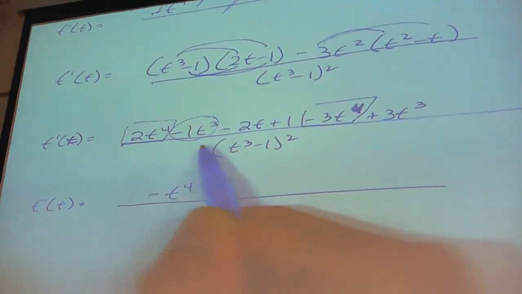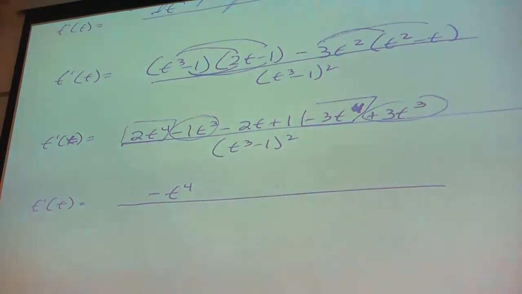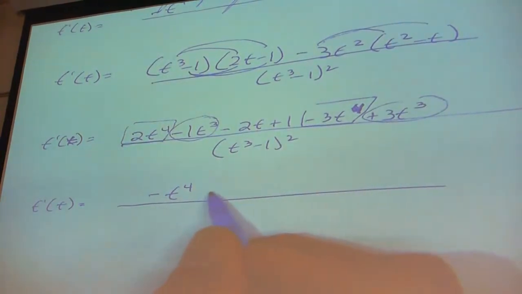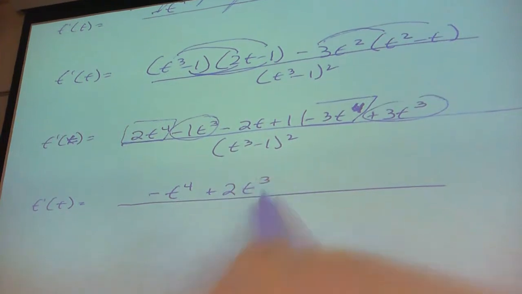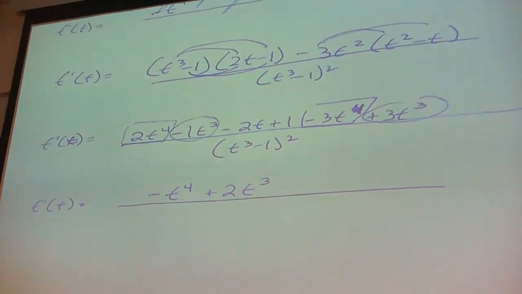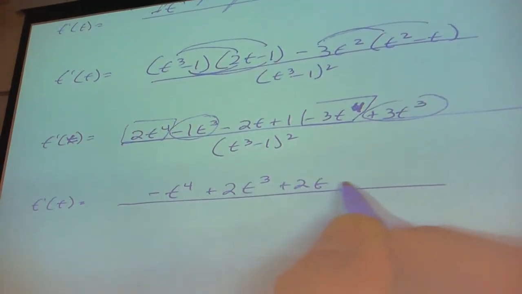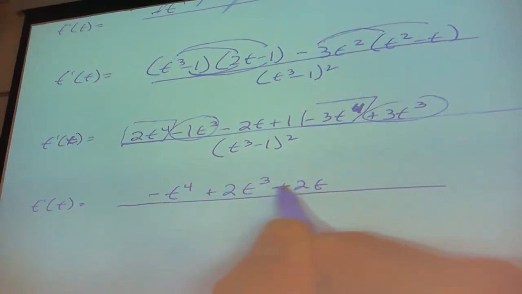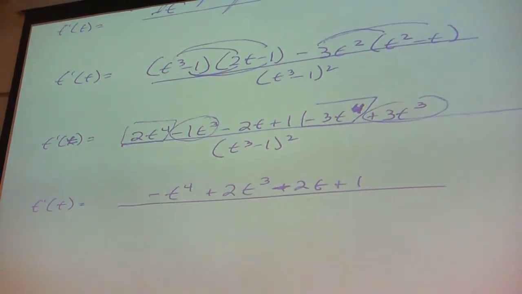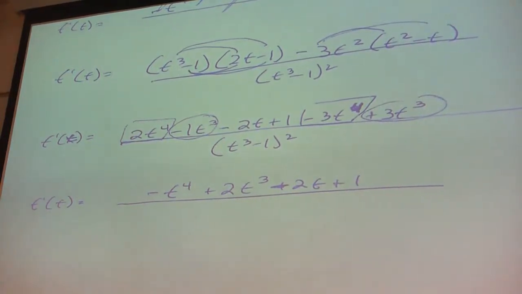Minus 1t to the 3rd plus 3t to the 3rd gives you plus 2t to the 3rd, minus 2t, plus 1. Questions there?